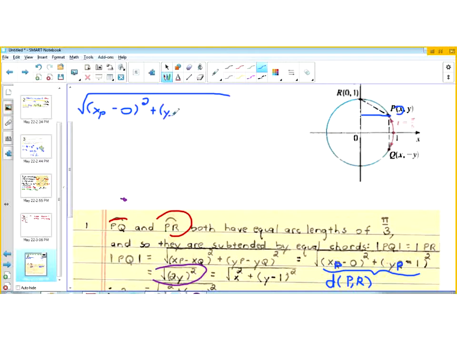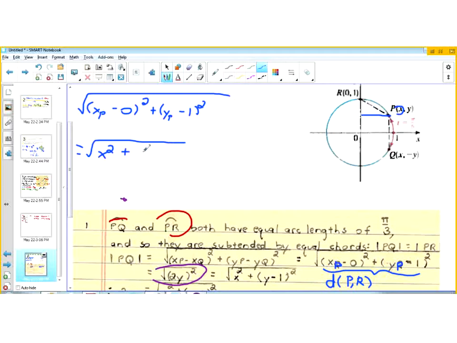plus yp minus 1 squared. Okay. All right, so xp is essentially x. It's essentially the abscissa of p. So that is equal to x squared. And then yp is essentially the y distance, the distance p is from y equals 0.